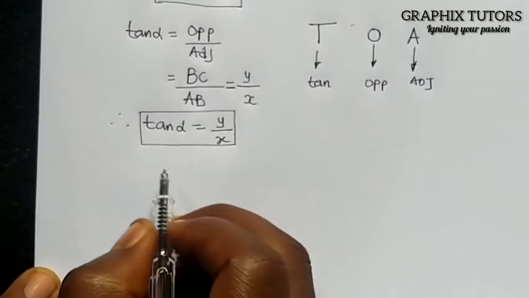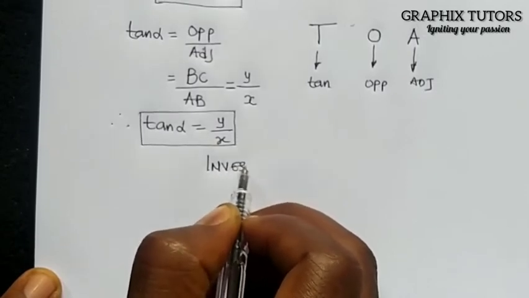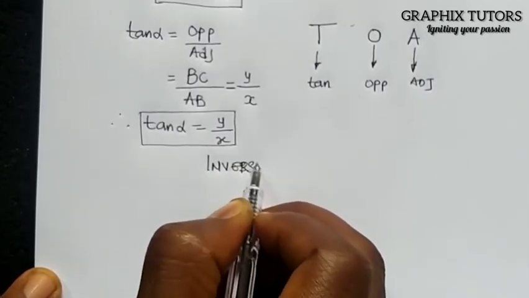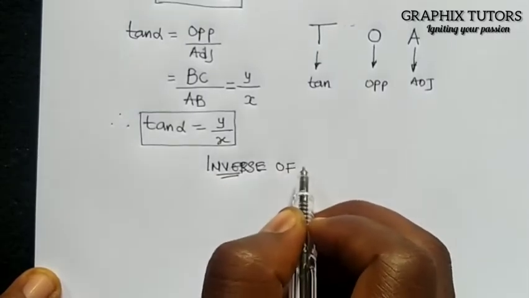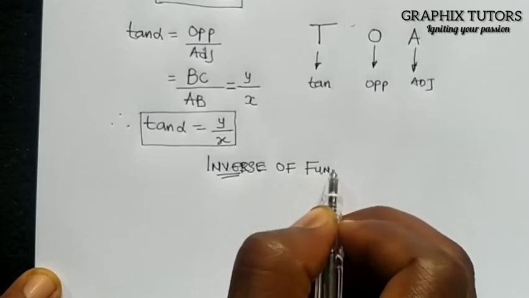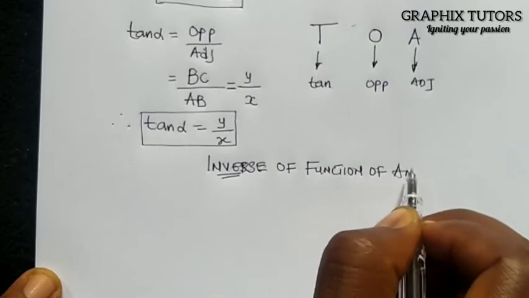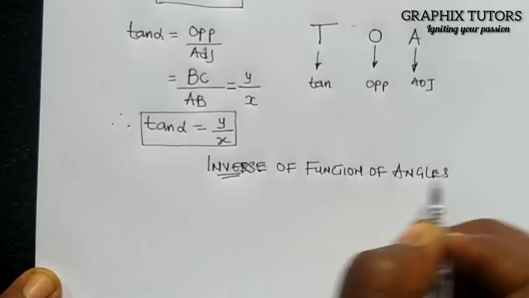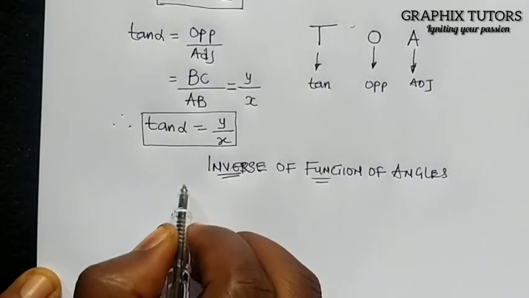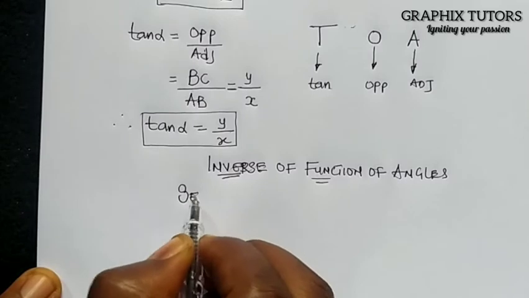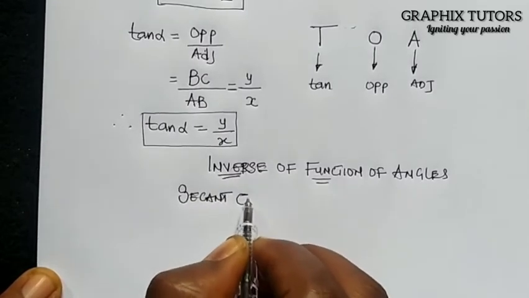Now we have what is called inverse functions of angles in trig, right? One of them is said to be what? Secant. And the secant is the same thing. Let's say secant theta.